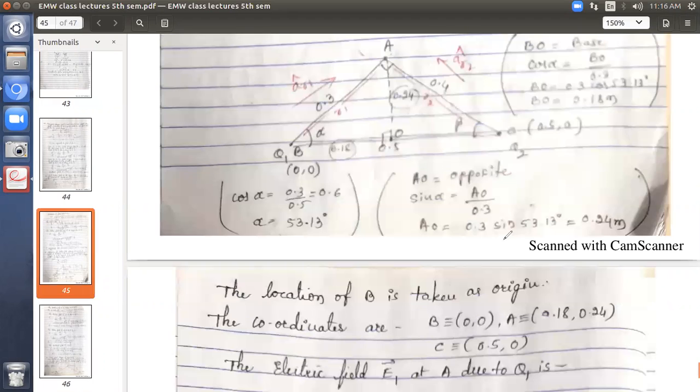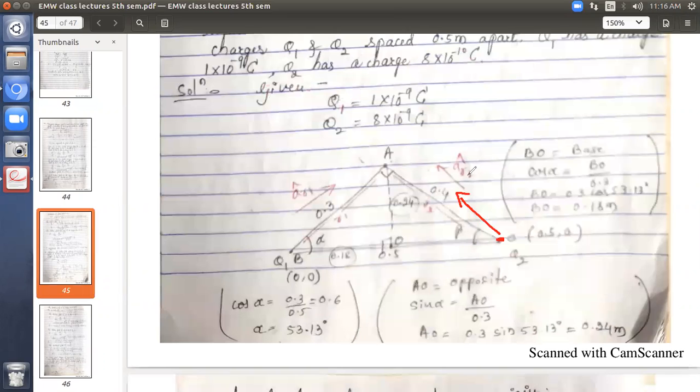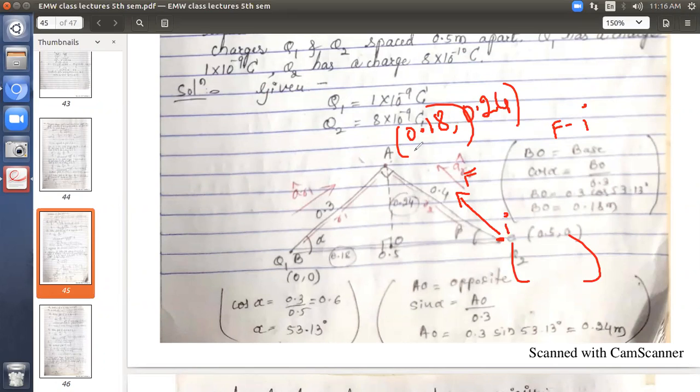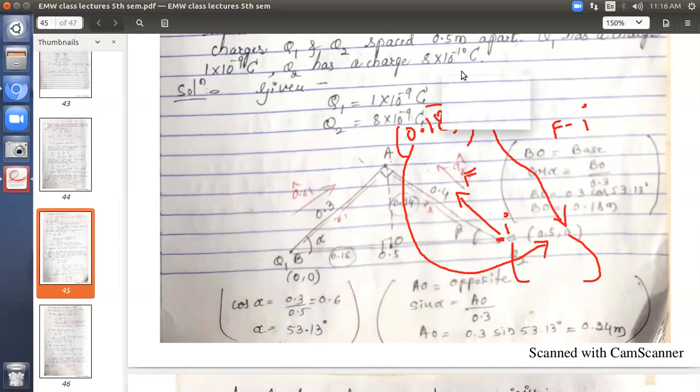AR2, again, charge Q2 is positive, diverging field. This is your final point. This is your initial point. So take final minus initial. Final is this, initial is this. So it is 0.18, 0.24. This subtraction is final minus initial: 0.18 minus 0.5, 0.24 minus 0.